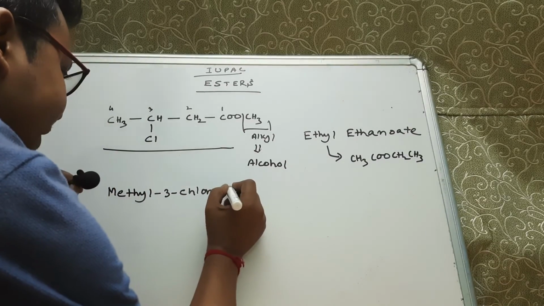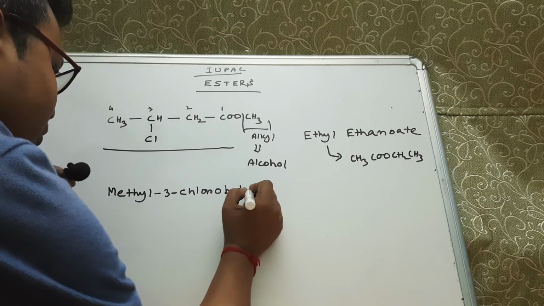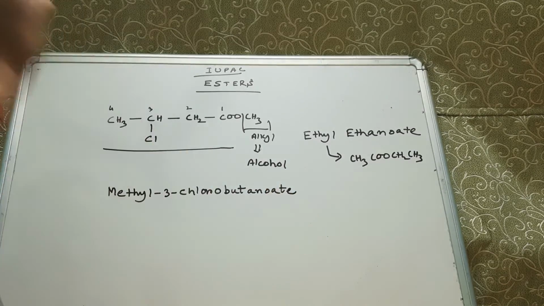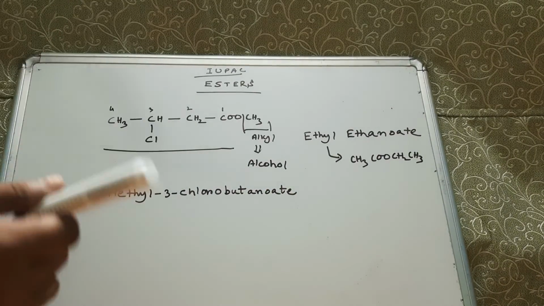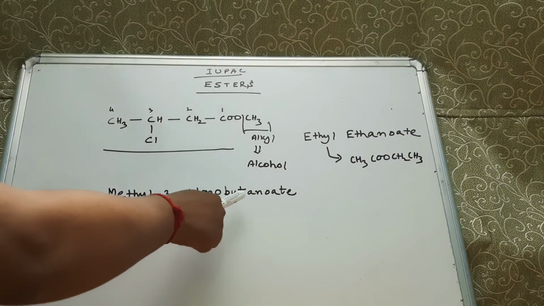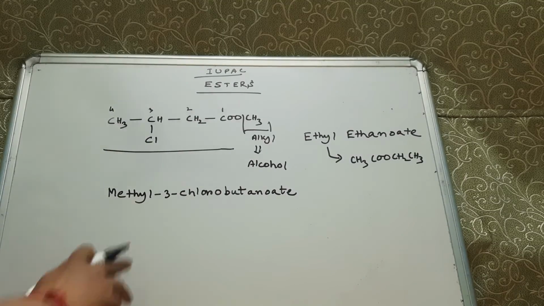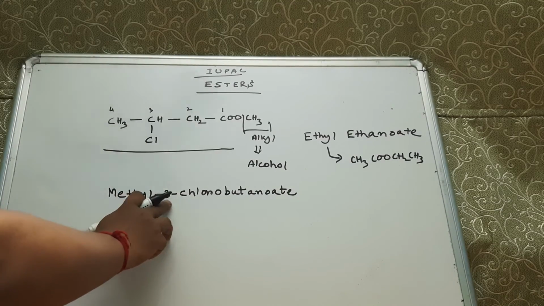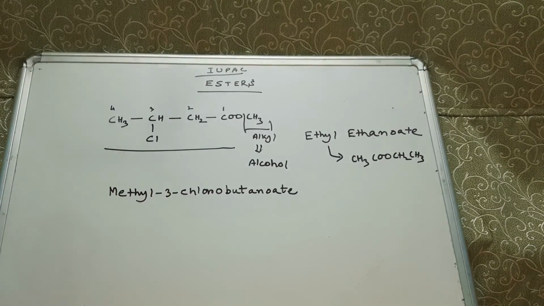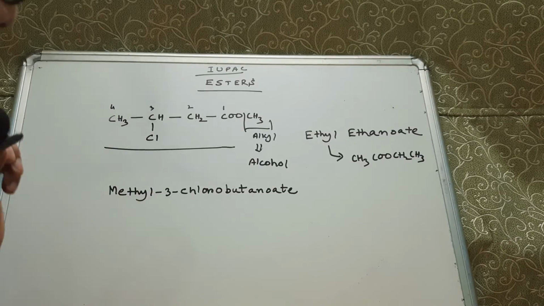So this is butane. So this is methyl 3-chlorobutanoate. Why is it butanoate? This is alkyl alkanoate. So the alkanoate part, that means the carboxylic part, consists of 4 carbon atoms. That is butane. So it is butanoate. And there is a hyphen between number and letter, letter and number.